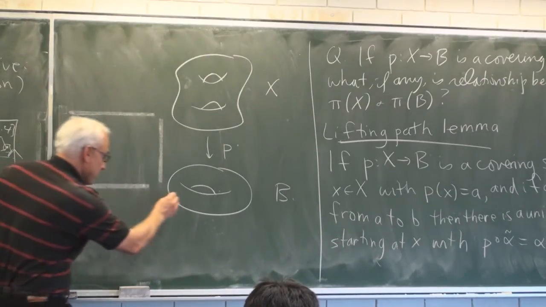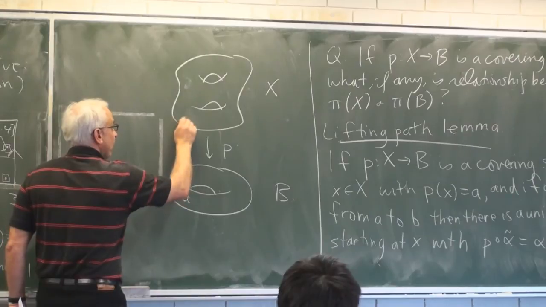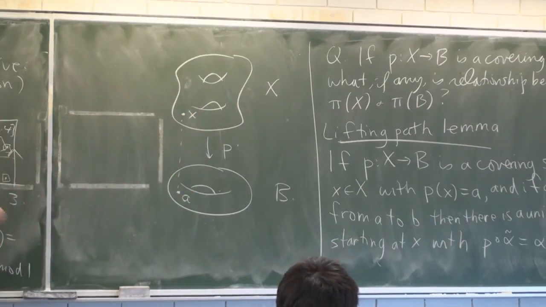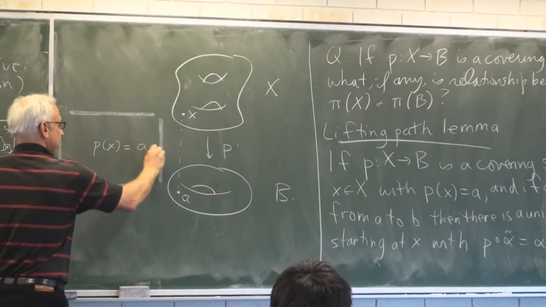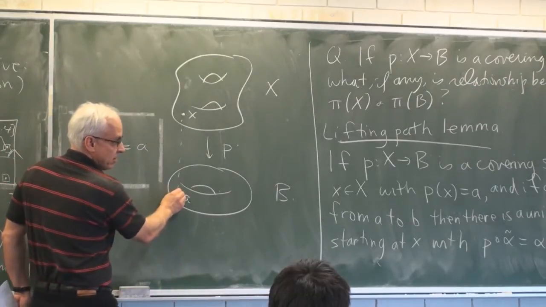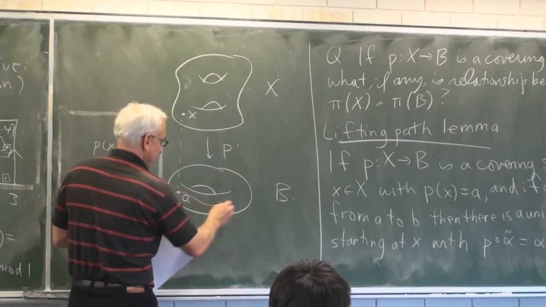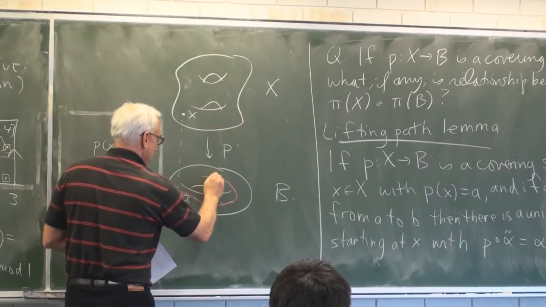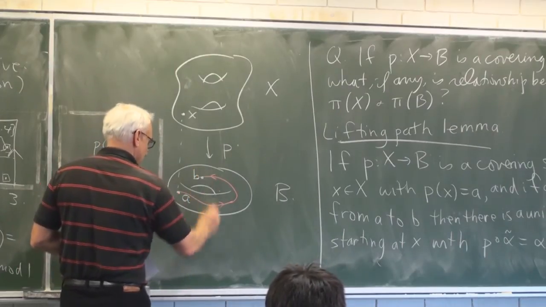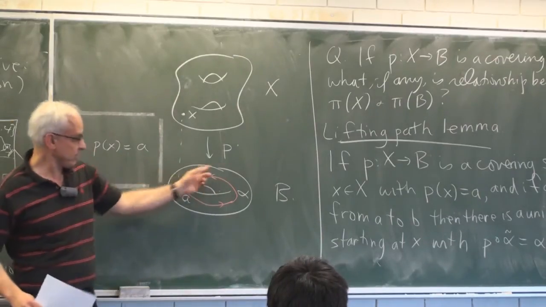And we have a particular point A in B that's chosen, and a particular point x in X which is lying above A. In other words, P of x equals A. And what else we have is a path from the point A to some other point, say B. Let's make it a little bit longer. All right, and this path, his name is alpha. It's a path starting at A in the base, going to some other point B.